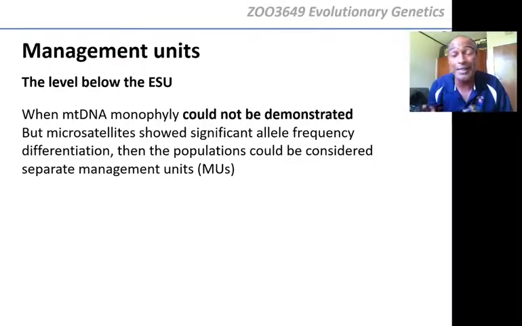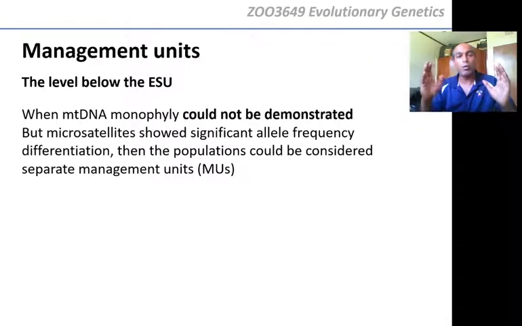There's allele sharing or haplotype sharing, right? But if there's a significant difference in the frequencies at microsatellites, you could then say, okay, these don't qualify for completely separate management, but they can be managed differently within the ESU. So you could have an ESU with two different management units.